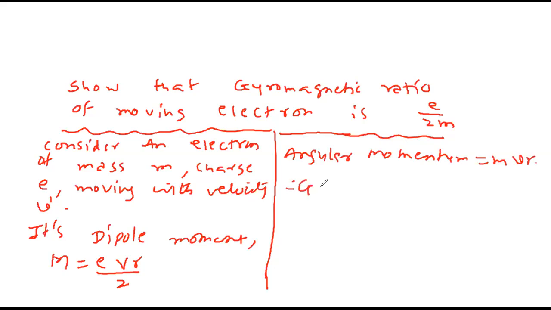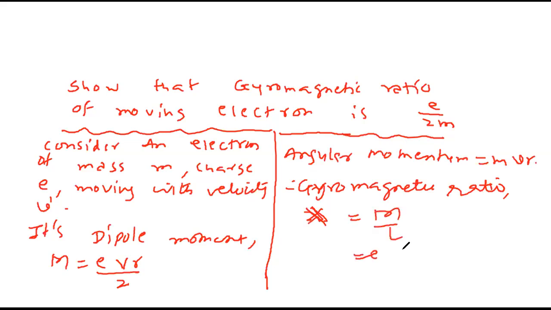Therefore the gyromagnetic ratio, lambda, equals M by L equals evr upon 2 divided by mvr. vr cancel, so this equals e upon 2m. Understood till this? Charge unit is coulomb, mass is kg, therefore I wrote the unit as coulomb per kg.